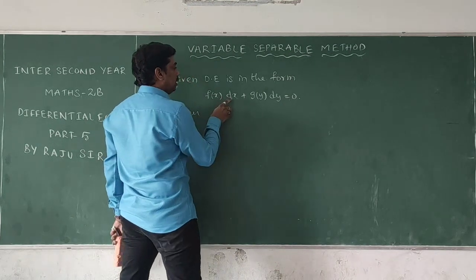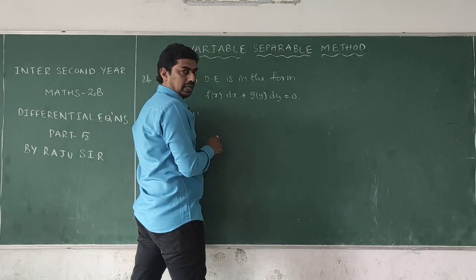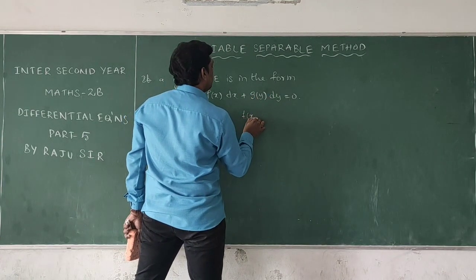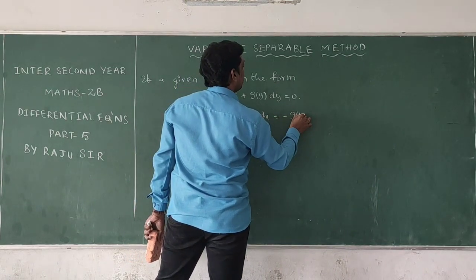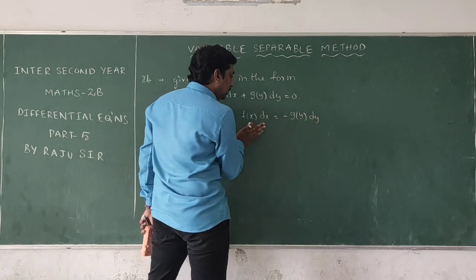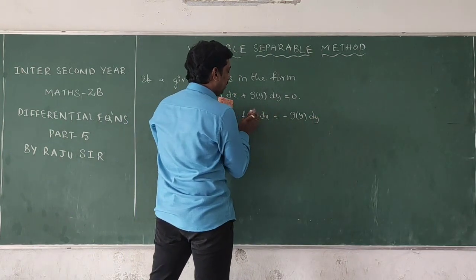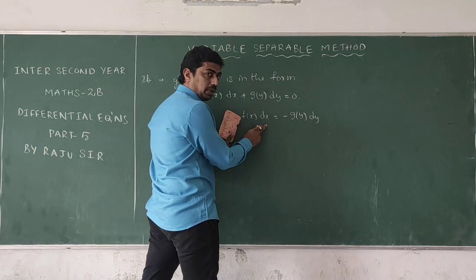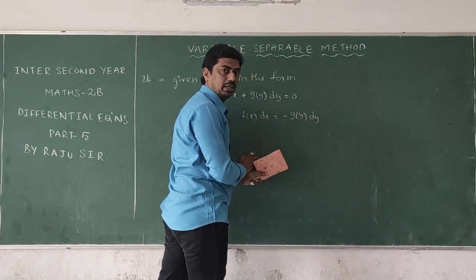Like this: in this equation, g of y dy lies in the LHS, so it is taken to the opposite side. f of x dx equal to minus g of y dy. In this step we separated the variables. One side is totally a function in terms of x with respect to x only, and the other is a function in terms of y with respect to y only.